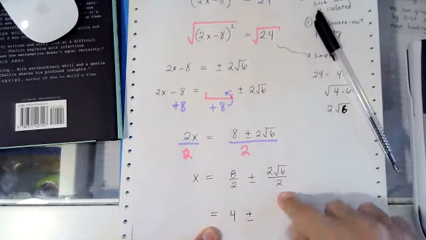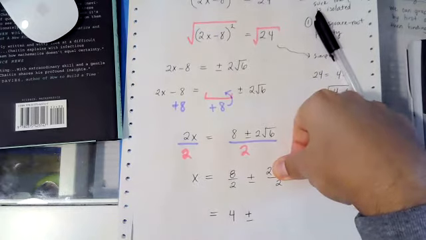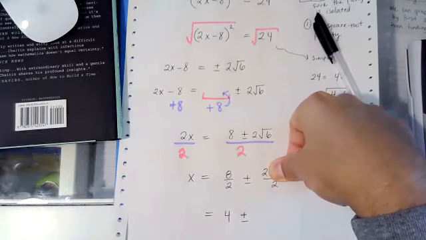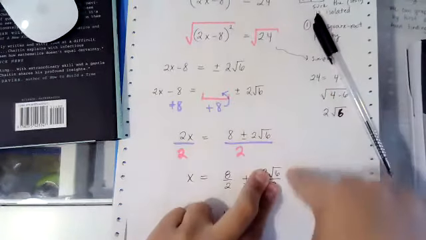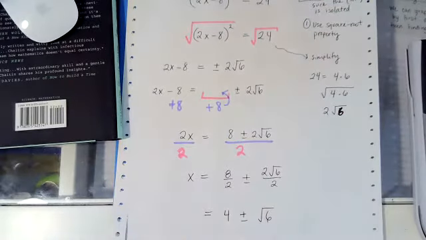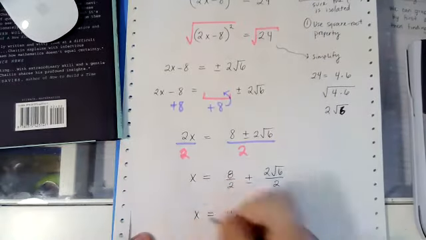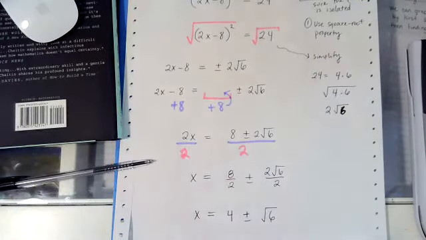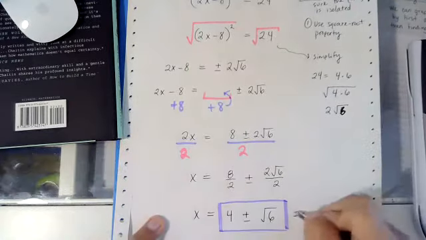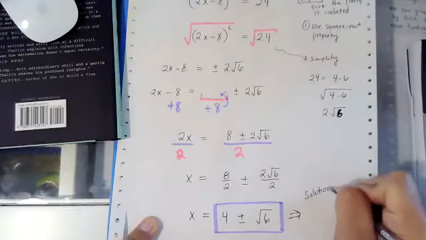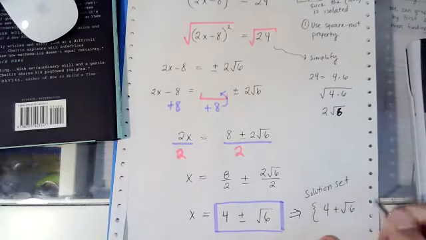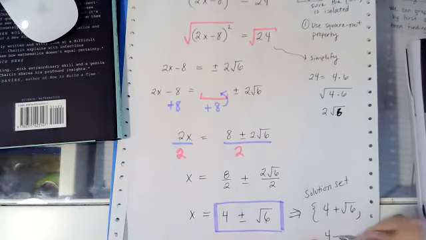And then this expression, we sort of want to ignore the radical since that cannot take part in the reduction. And then 2 divided by 2 is just 1, right? So if 2 divided by 2 is 1, then 1 times whatever we have left over is just whatever we have left over. So then this must be the solution, which, if you wanted to write it as the solution set, would be 4 plus root 6, comma, 4 minus root 6.